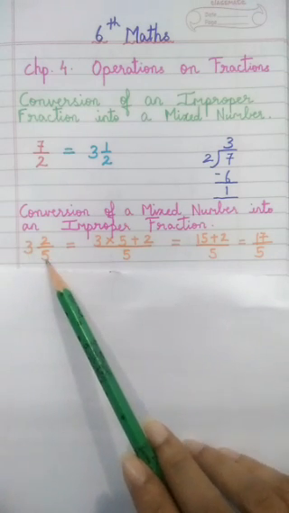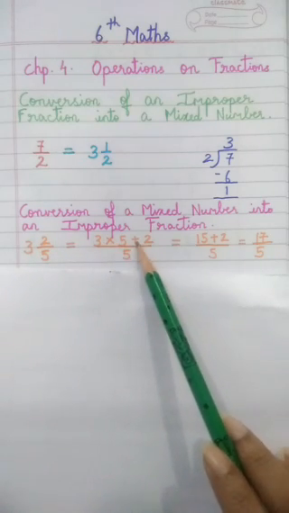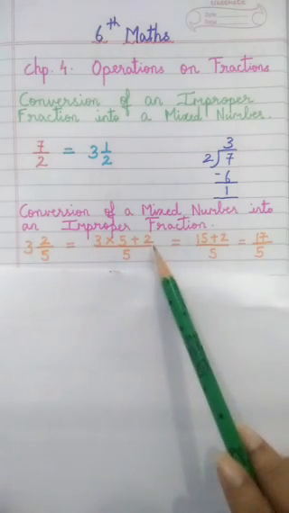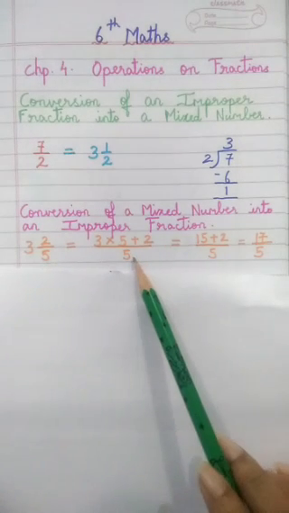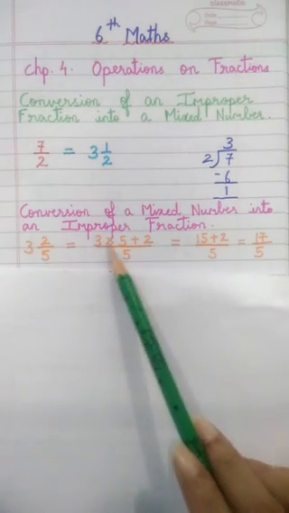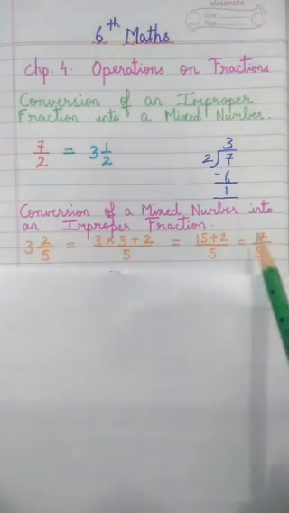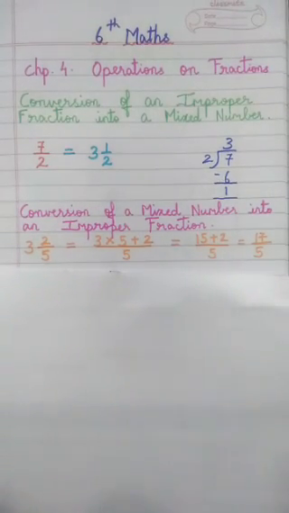We multiply 3 by 5 and we add 2. So 3 into 5 plus 2, and divide it further by the same denominator, that is 5. So 3 5s are 15 plus 2, 17 upon 5 is your improper fraction. So any mixed number can be converted into an improper fraction.